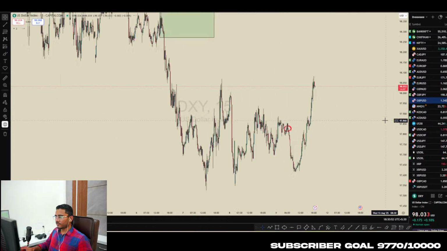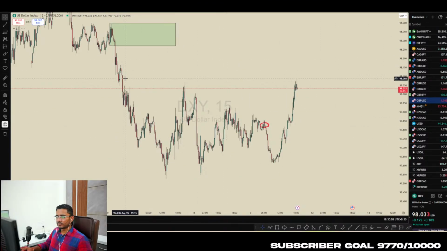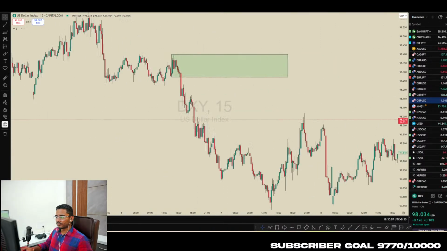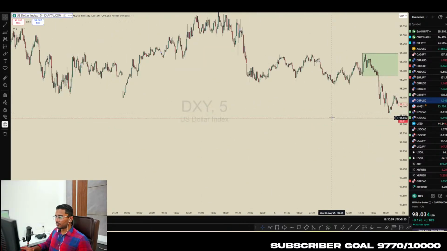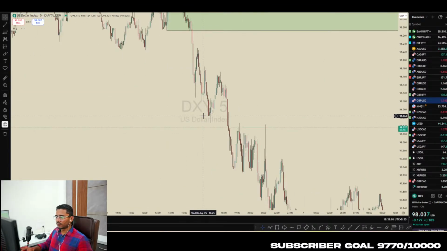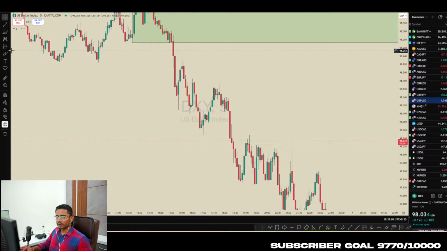If DXY reacts from any of these levels, let's go to lower time frame, then only we'll understand if price has mitigated or not.